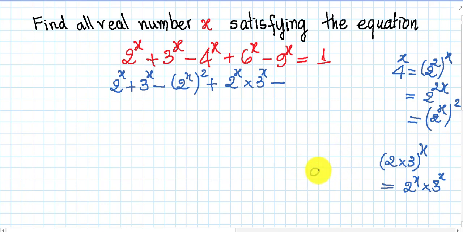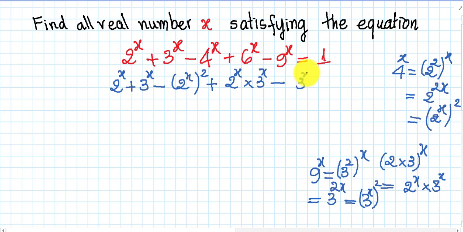We can write 9 power x equal 3 squared power x, and I can write 3 power 2x, and I can write (3 power x) all squared, and minus 1.